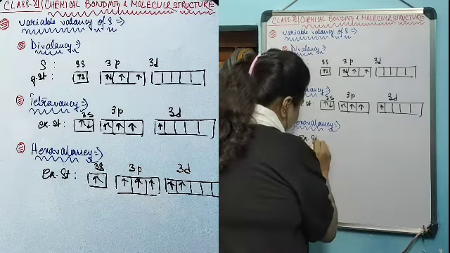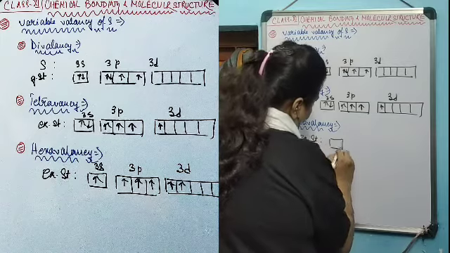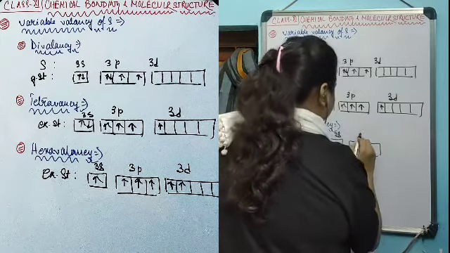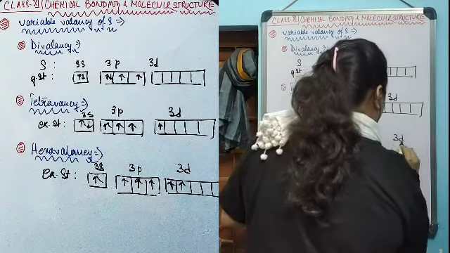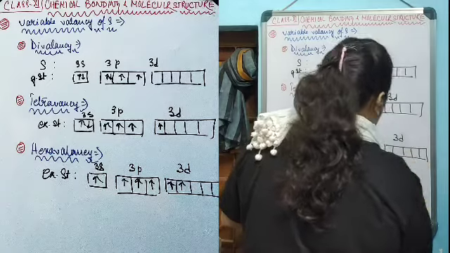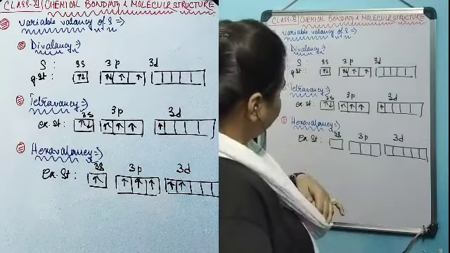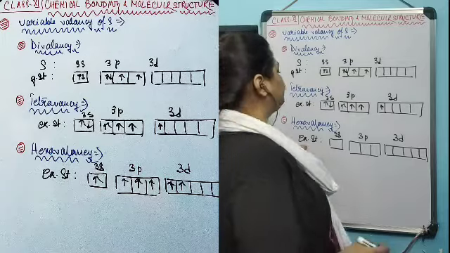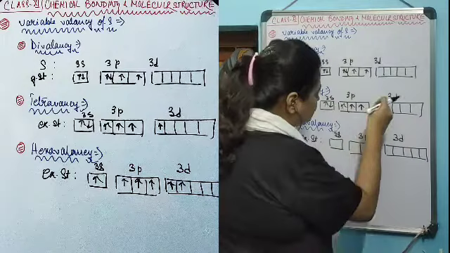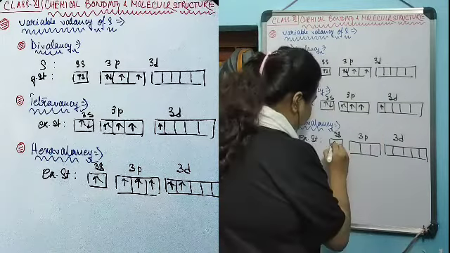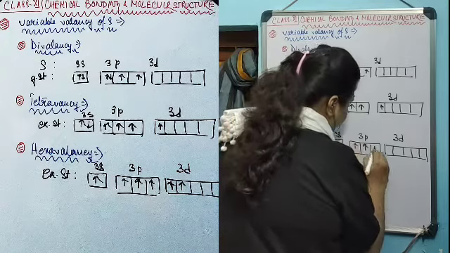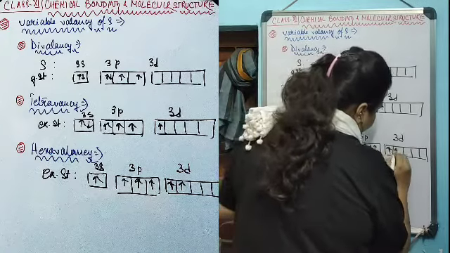In the next excited state, one electron from the paired electrons present in the 3s orbital jumps into another 3d orbital, and therefore 3 unpaired electrons are in the 3p and 2 unpaired electrons in the 3d.